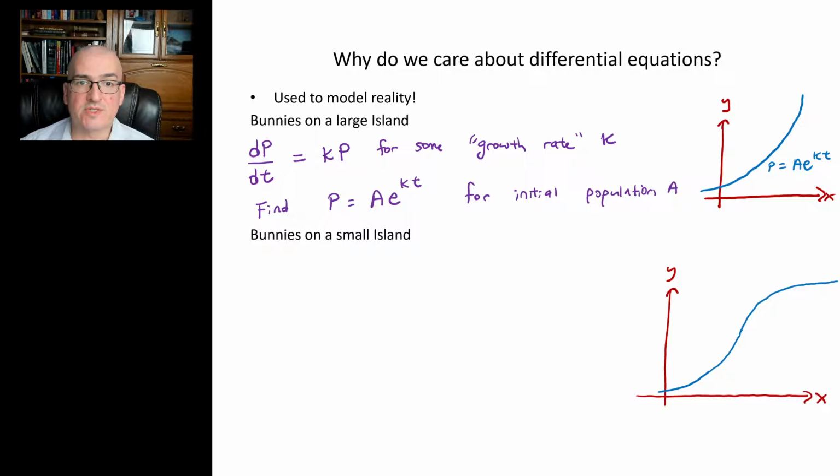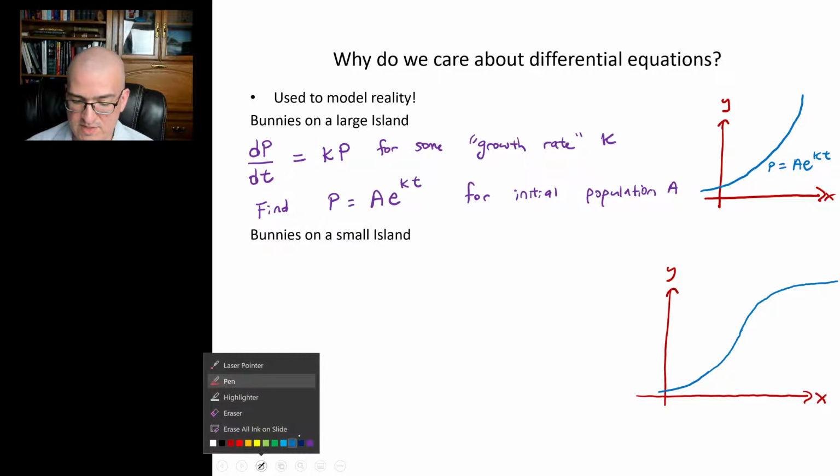So for our purposes, if we're only worried about the interplay between the resources available for the animal and the population of the animal itself, the curve would look like this. It's going to be exponential growth at the beginning, and then it slows down and slowly approaches that carrying capacity of its environment. Now, how do we construct a differential equation that gives us that behavior?